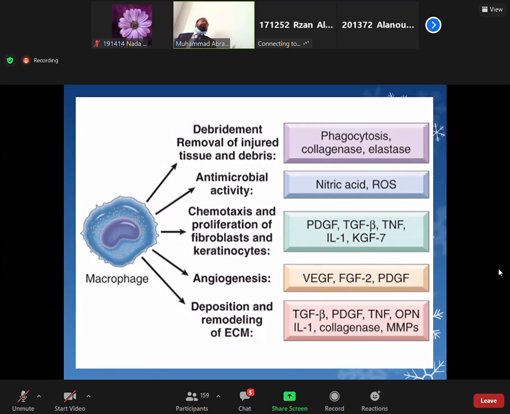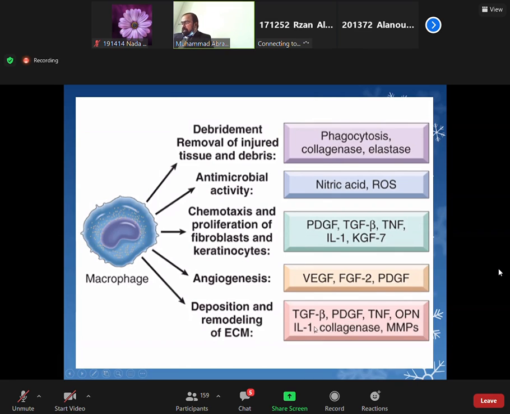So angiogenesis will never happen if you don't have these growth factors. And these macrophages are not only coming there for cleaning the process, but also they are doing a lot of things, right?